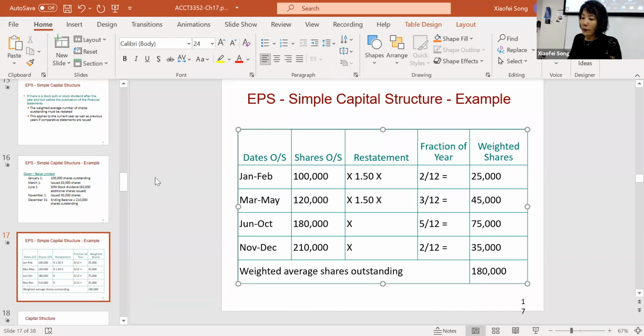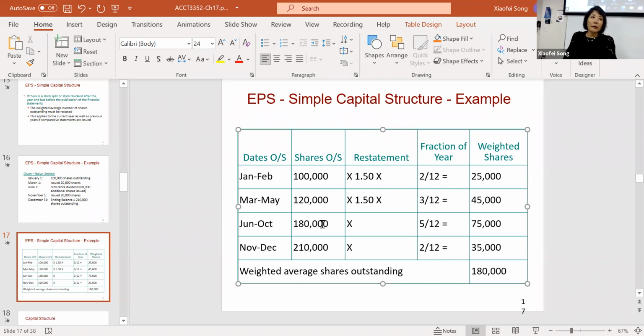So the first level is $100,000. It stays that long, the period is 2 months, so the weight is 2/12, that's the fraction of the year. And then for March to May, that's 3 months at 120.